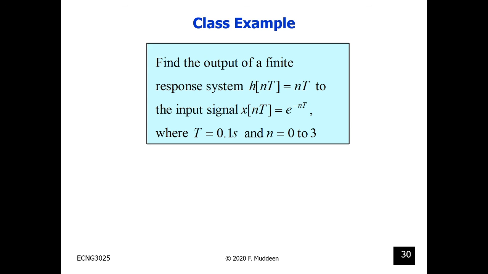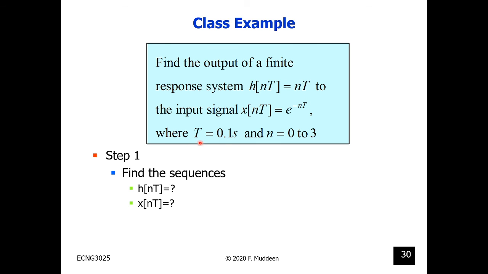Alright, so hopefully you did attempt the problem. We're now going to observe what the solution looks like. For the first step, we find out what our input sequences are, x of nT and h of nT. X of nT here was equal to exponent of minus nT.